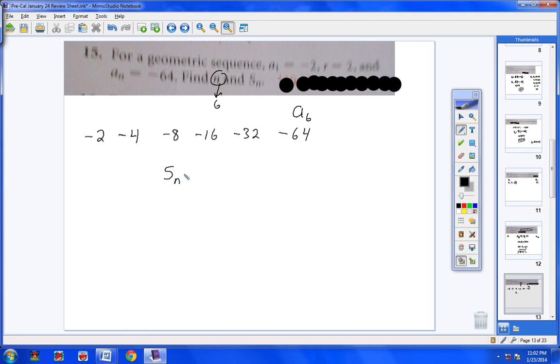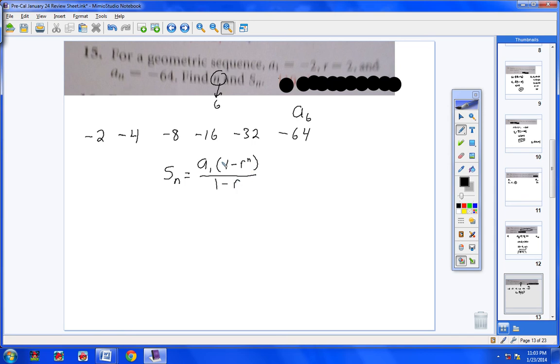Now here's the formula that we have. Remember, there's 2 formulas for finding the sum of geometric series. One formula is when you know how many terms you have. The other formula is when you don't know how many terms you have. And in this case, we do know how many terms that we have. And so we're going to use this formula here. A subscript 1 in the top of my fraction times 1 minus r to the n, and that would be all over 1 minus r.